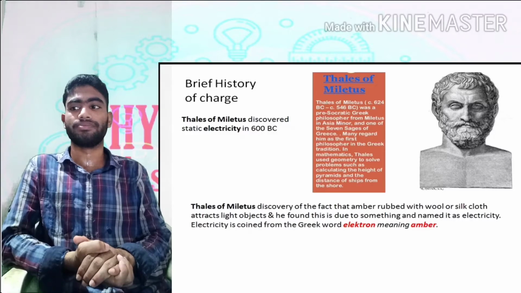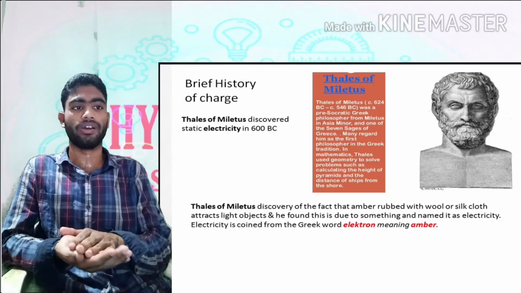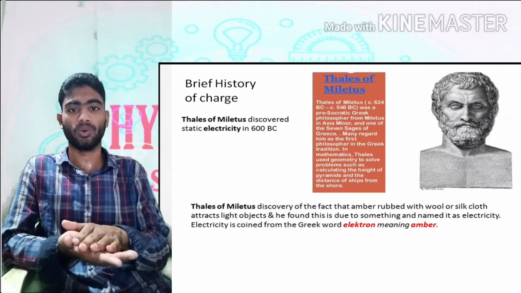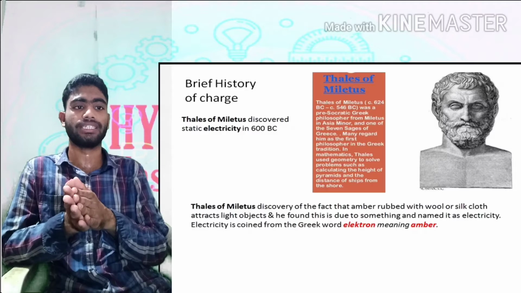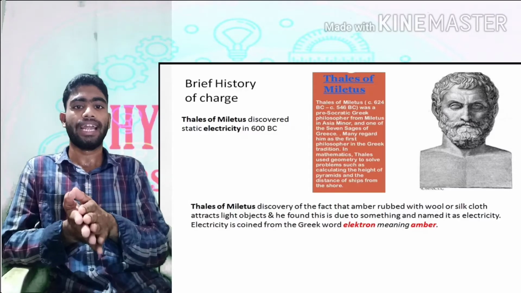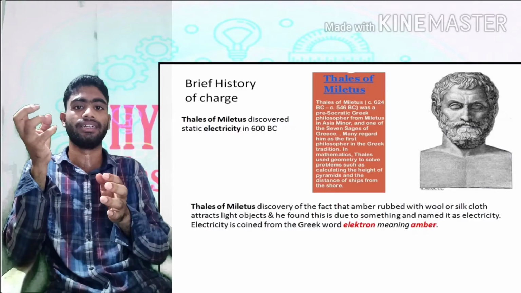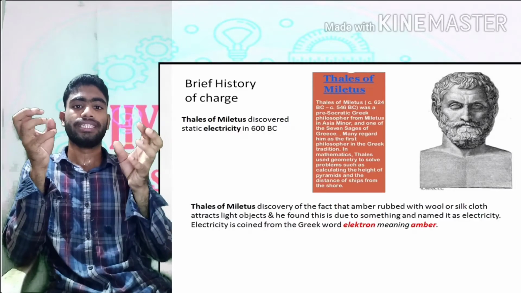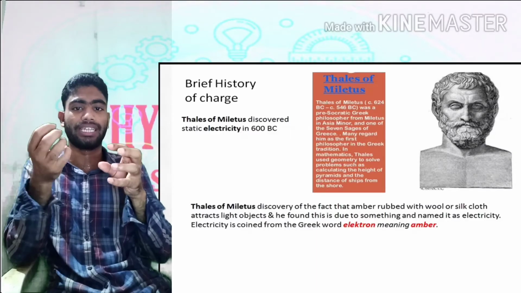Thales did an experiment where he rubbed amber with wool. Understand? He rubbed the amber piece with wool, and then he found that the amber and the wool attract little, light objects.